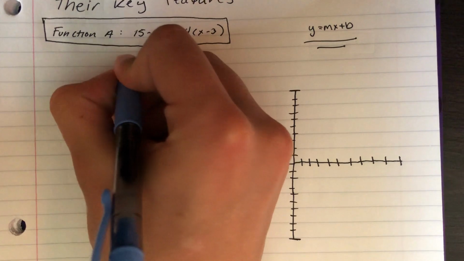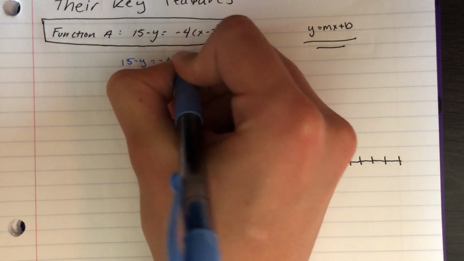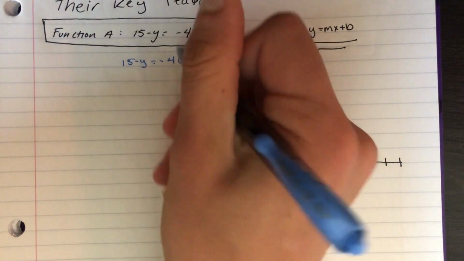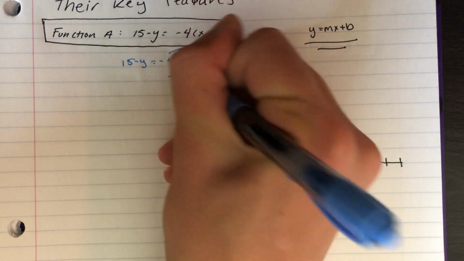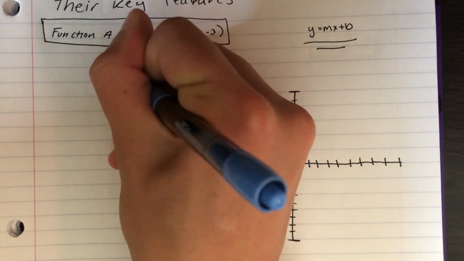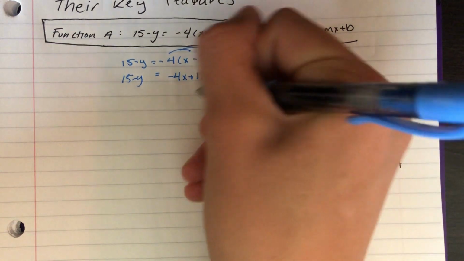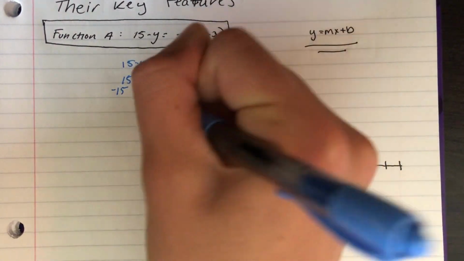So we're going to go 15 minus y equals negative 4 times (x minus 3). What we're going to do here is distribute and get negative 4x plus 12, and that's going to be set equal to 15 minus y. Now we're going to subtract that 15 to get that y by itself.